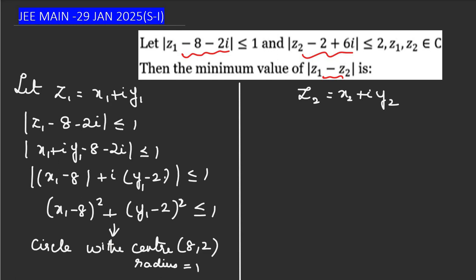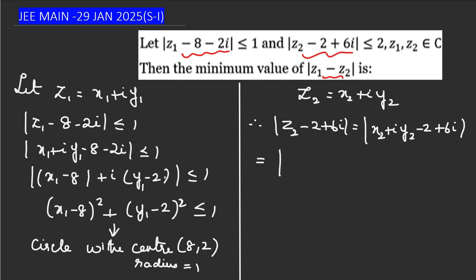Now let us see the next equation. z2 is equal to x2 plus i y2. Therefore, modulus of z2 minus 2 plus 6i will be equal to modulus of x2 plus i y2 minus 2 plus 6i. This is equal to mod of (x2 minus 2) plus i into (y2 plus 6). This value is less than or equal to 2.